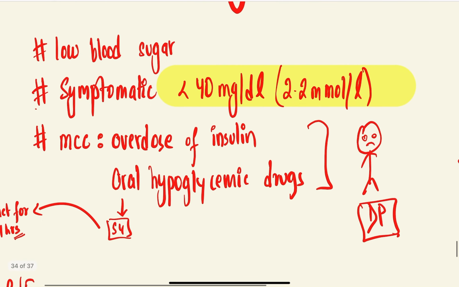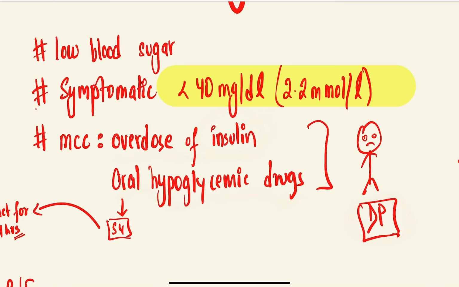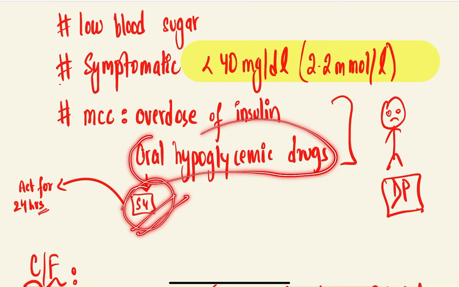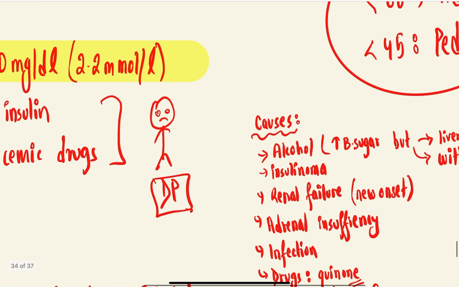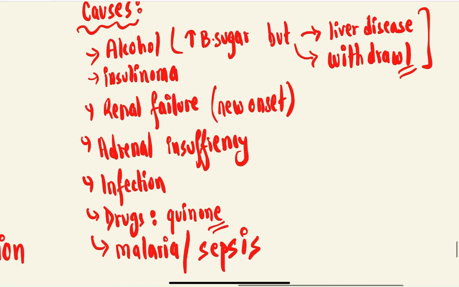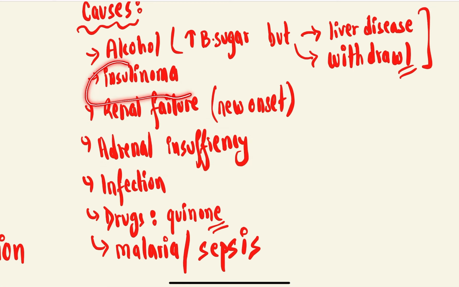The most common cause for hypoglycemia is overdose of insulin and oral hypoglycemic drugs in diabetic patients. Oral hypoglycemic drugs like sulfonylurea act for 24 hours, so they might cause hypoglycemia. Other causes include infections, malaria, sepsis, drugs like quinolones, adrenal insufficiency, renal failure, liver failure, and insulinoma tumor.